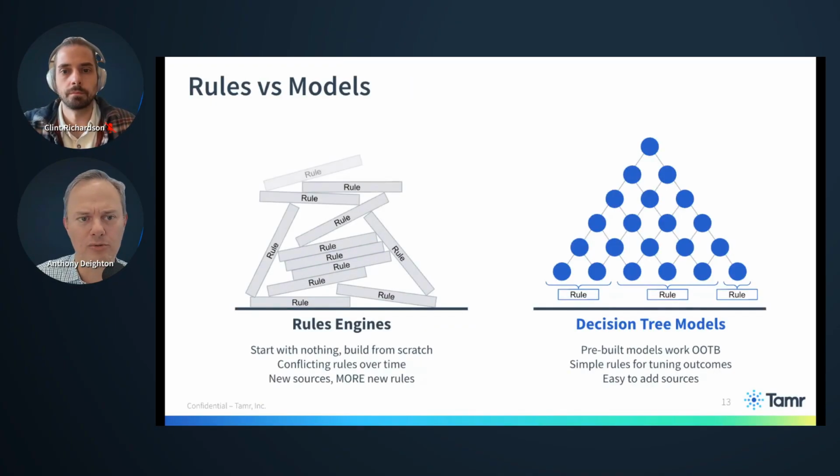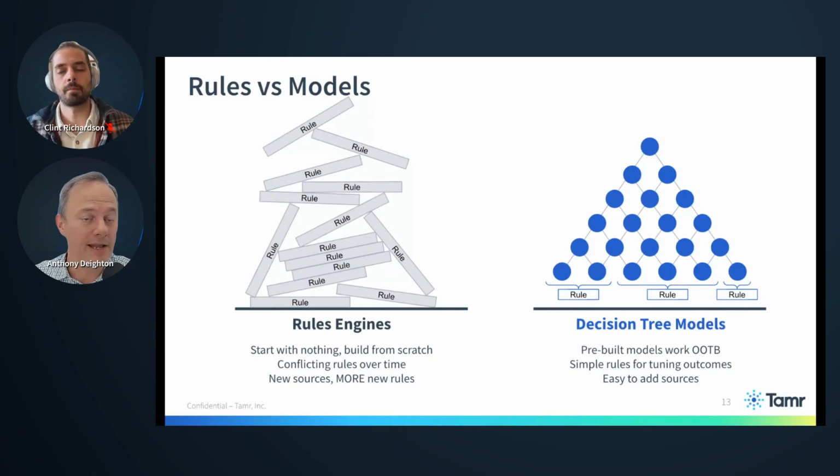Again, the challenge with the rule system isn't rules in themselves, it's where the rules are implemented in the system. In a traditional rule system, you start with a blank slate and you're building rules up, trying to build enough rules to solve the problem. With an AI native approach, we start with a set of decision trees.